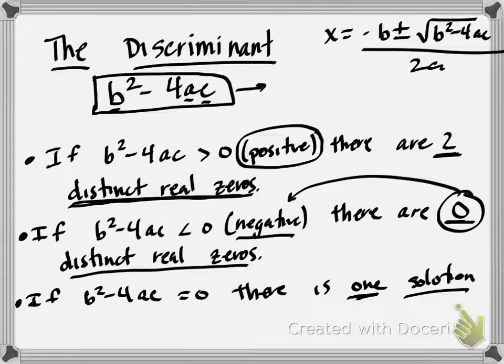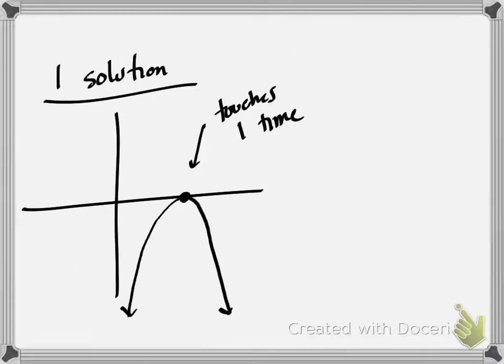If we have a graph that touches the x-axis once, then that equates to a discriminant that equals 0. So if they give you a graph that touches exactly one time, then you know the discriminant was equal to 0.